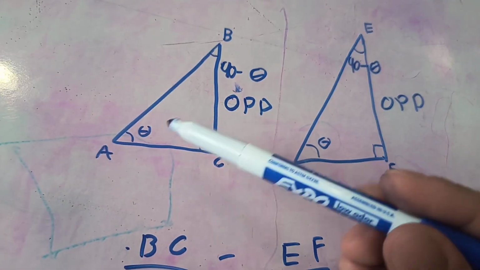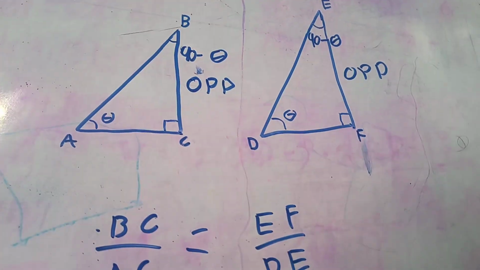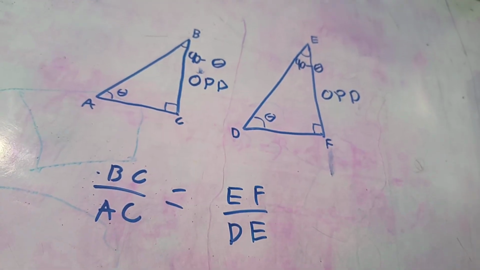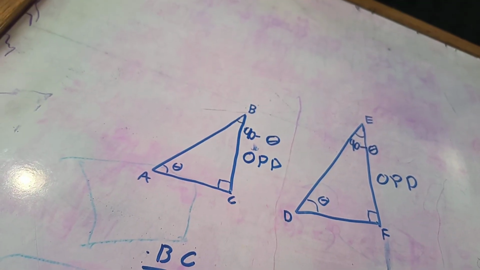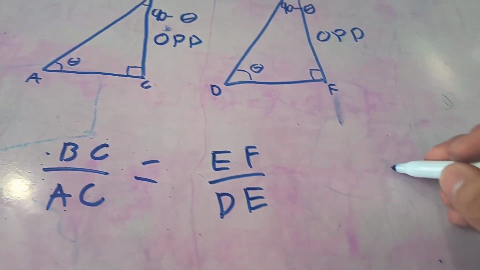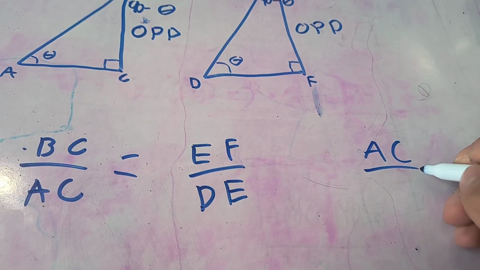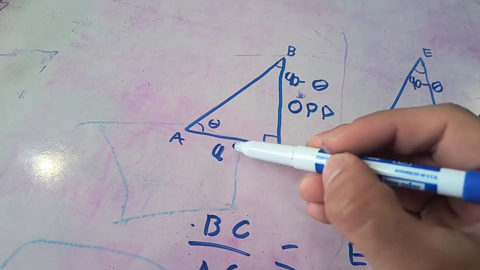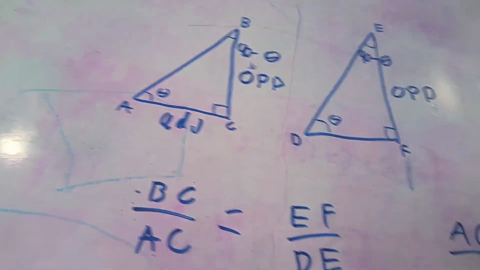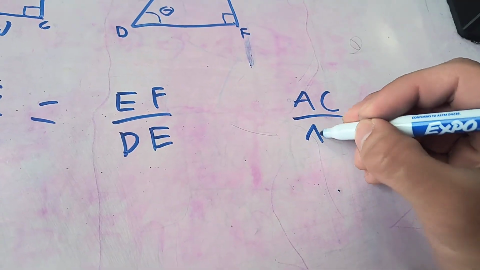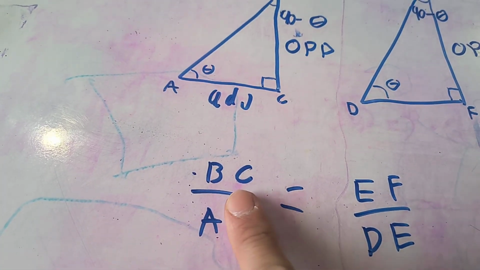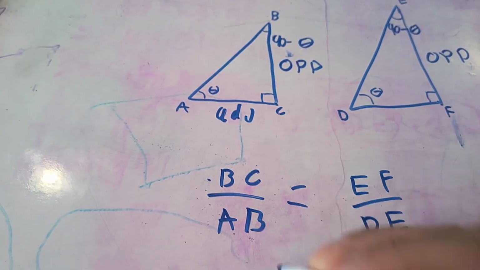And it'll be the same thing if you take this side, AC, over AB, the hypotenuse. AC, which we'll call the adjacent because it's right next to theta, over AB. Oh wait, did I write AC here? I meant AB, sorry, my bad.